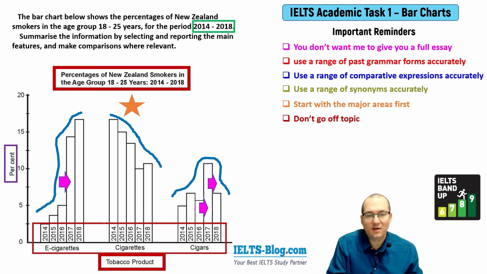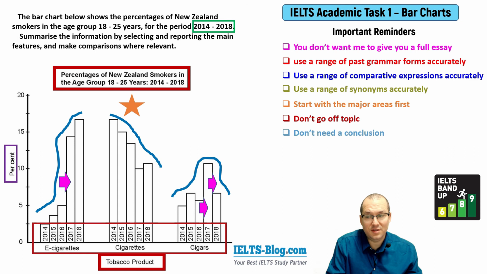We can see that cigarettes went down while e-cigarettes went up. So you could maybe, and I wouldn't recommend it, but you could guess that cigarette smokers switched to e-cigarettes. Okay, so that wouldn't be bad at all. Again, I just always recommend stick to the information and don't try to draw your own conclusions.